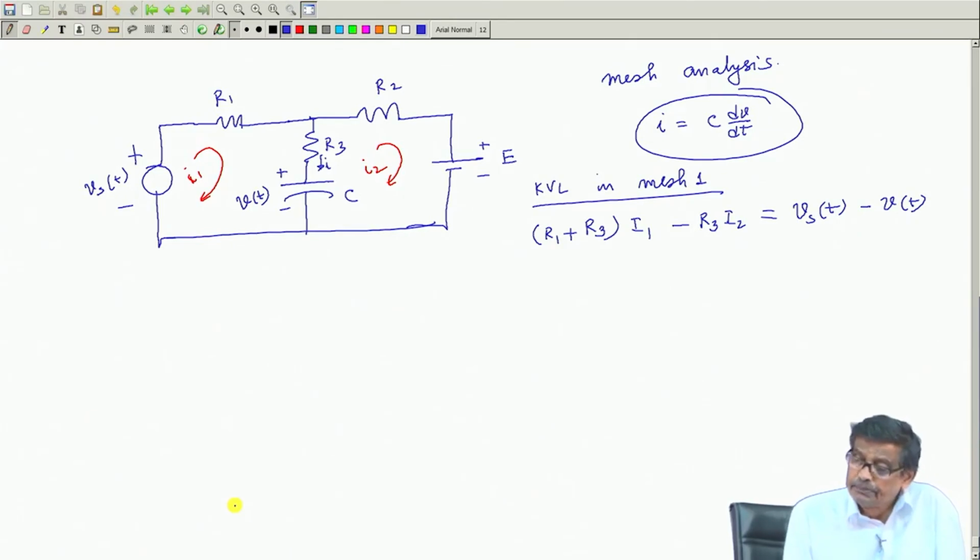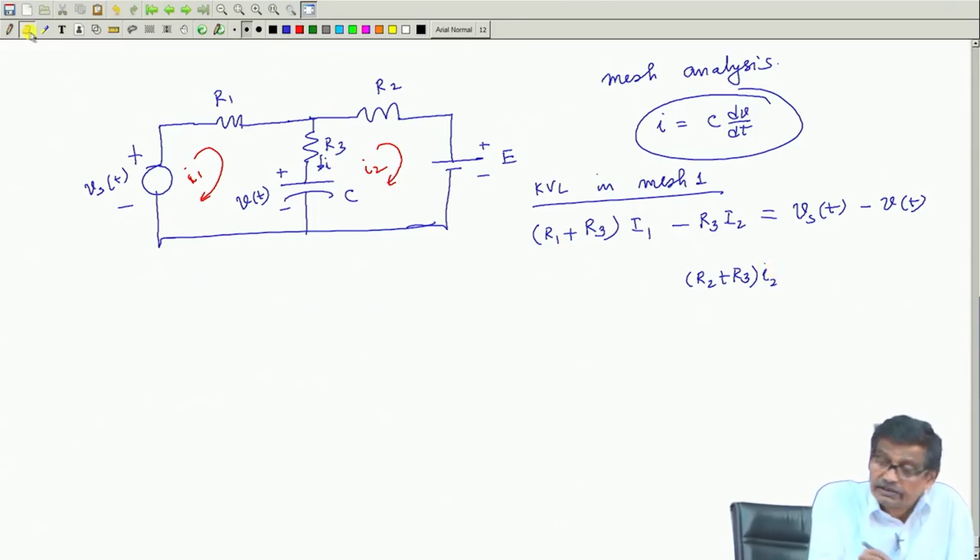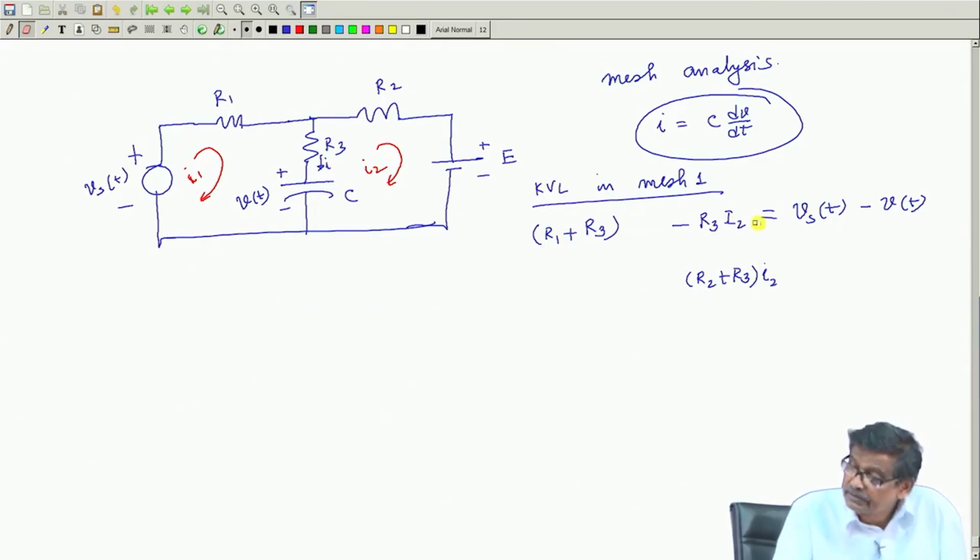Similarly, for the second mesh, the coefficient of I2 will be R2 plus R3 into I2. I am so sorry, these are all small letters.